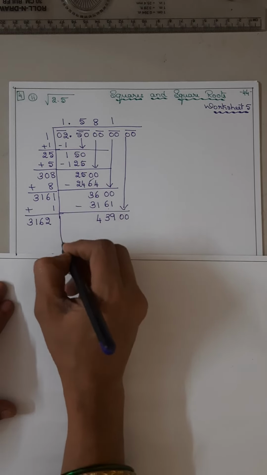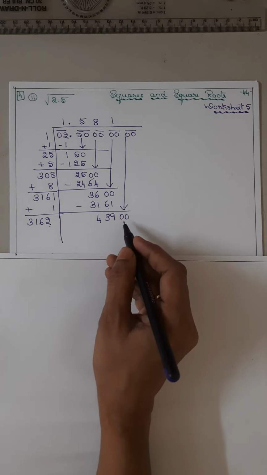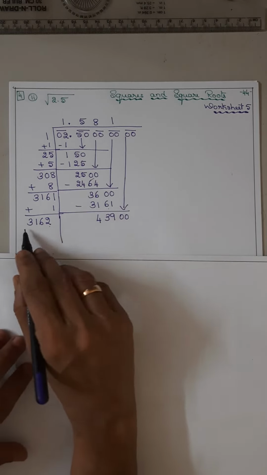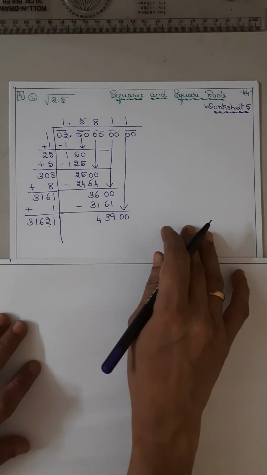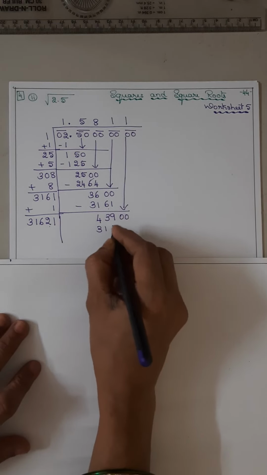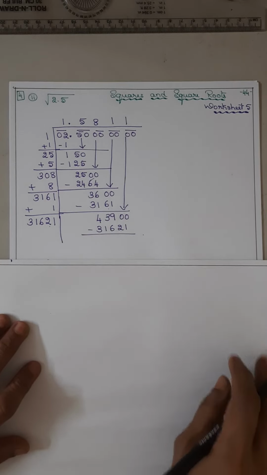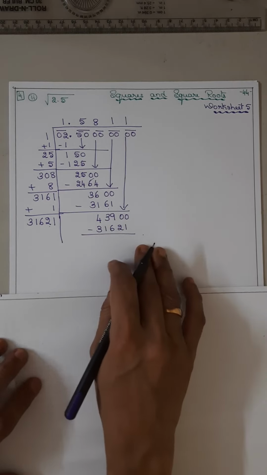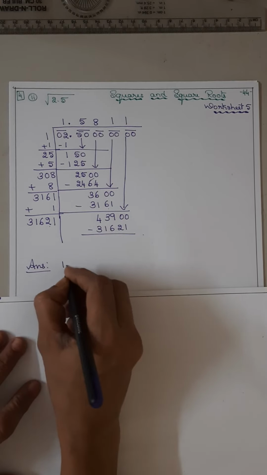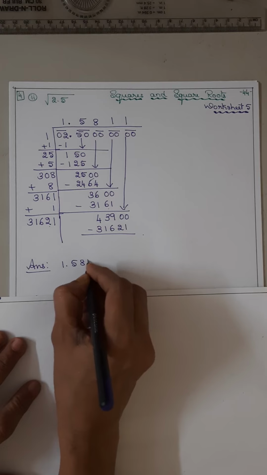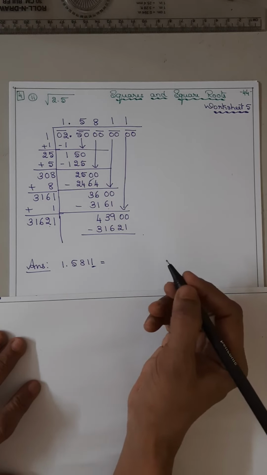Now, it is 4 digits and 5 digits. Means 1 digit only we have to ask. 3 how much are 4? It is 1. So, it will be 3, 1, 6, 2, 1. Okay. Now, the answer is 1.5811, but the last digit is 1.